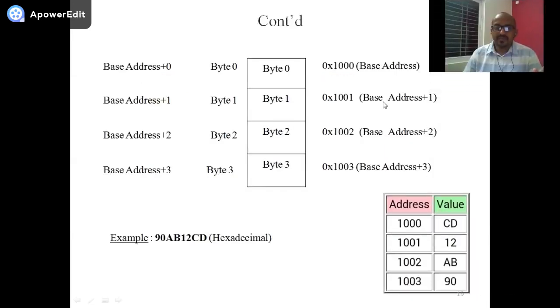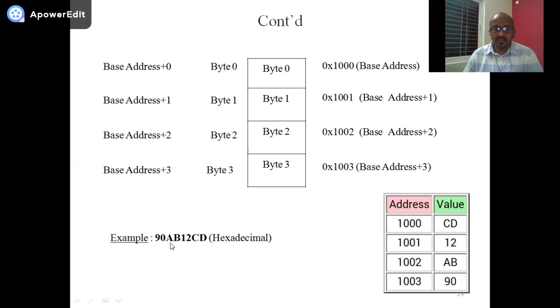Here we have the memory and its addresses. The base address is taken as 1000, and the next higher address locations are 1001, 1002 and 1003. The data's lower byte, byte 0, is stored at the lower address 1000, and the next higher bytes are stored at the next higher addresses.